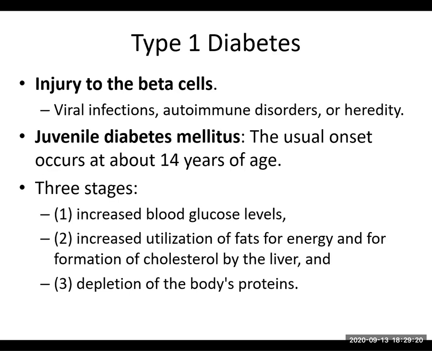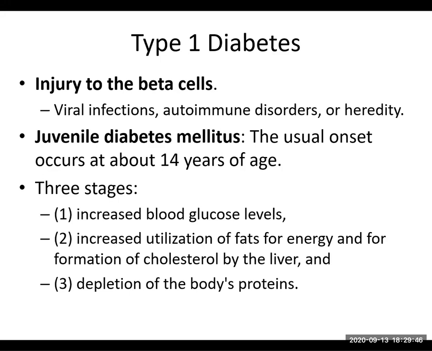They will start to use fat as a source of fuel for energy use. Cholesterol will also be formed by the liver. And in the end, we use the fat, but it's not enough.